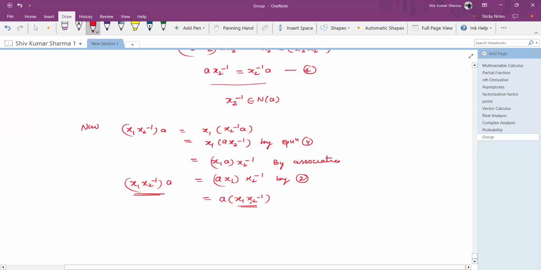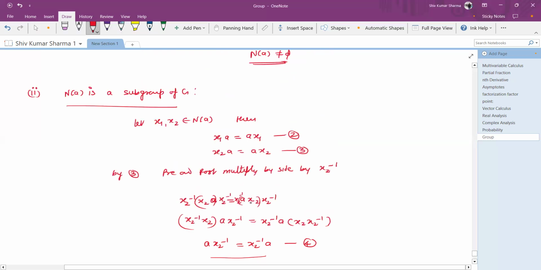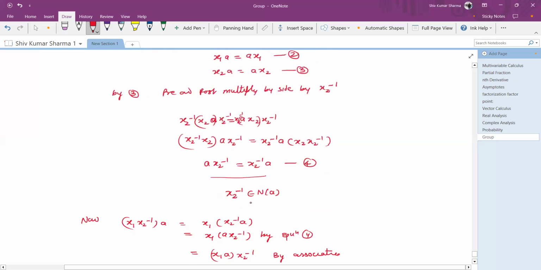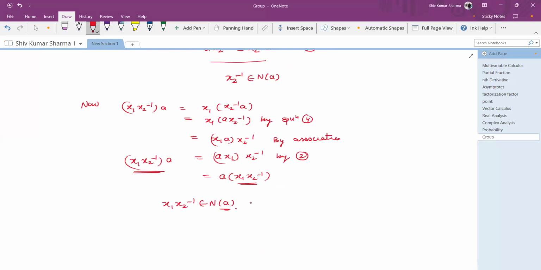So by using the definition of a normalizer, this element x1 x2 inverse also belongs to the normalizer of A. So we take two elements x1, x2 which belong to the normalizer of A, and we have proved that x1 x2 inverse also belongs to the normalizer of A. So it means that the normalizer of A is a subgroup of G.